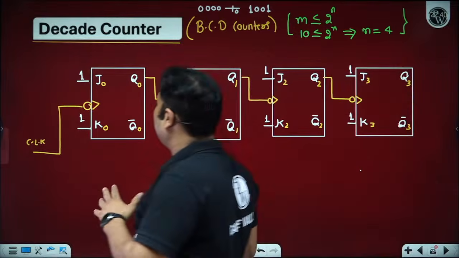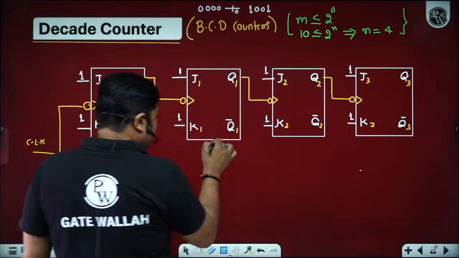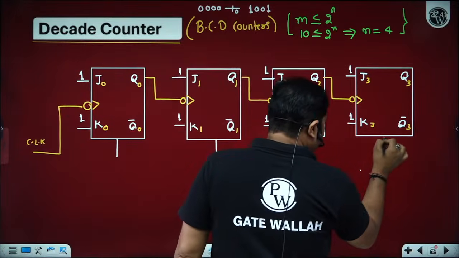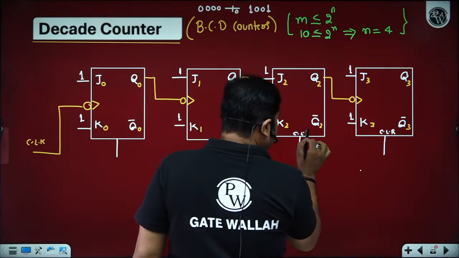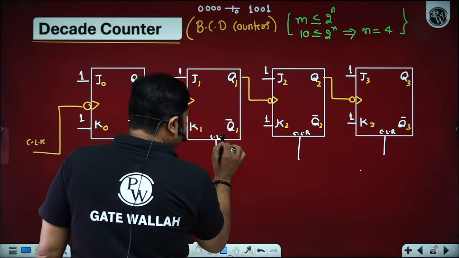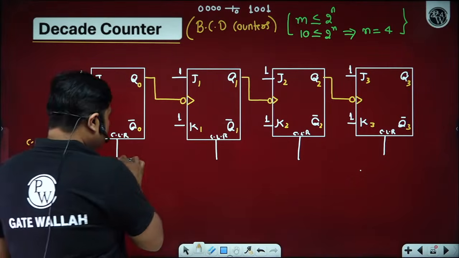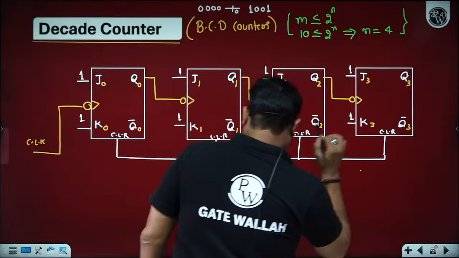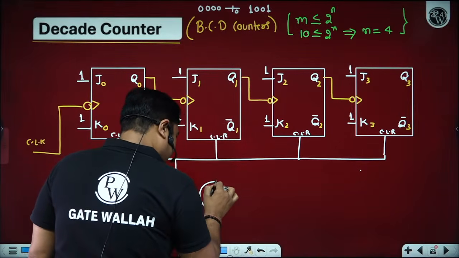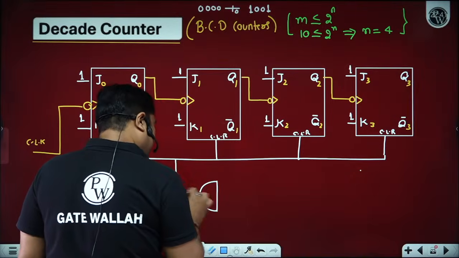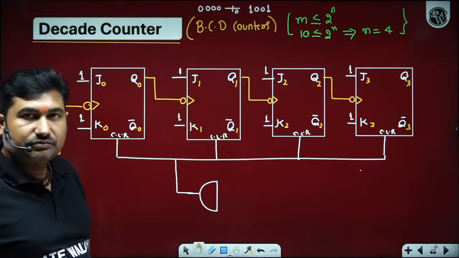But presently we have to design a BCD counter, so I'm using the clear pin. The clear pin is also called reset, and can be represented as CLR, clear, or reset. All the clear pins I am going to connect together, and pass some condition through the AND gate to get the clear operation done.